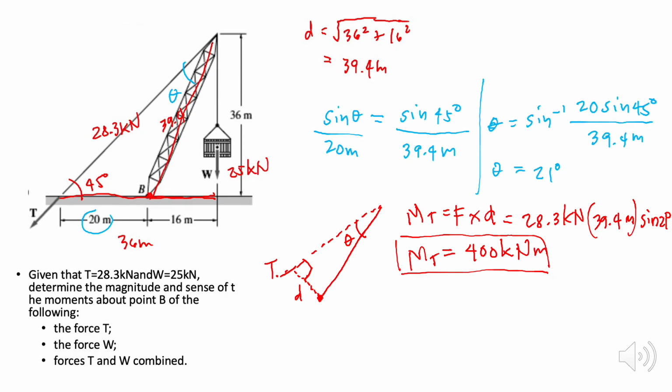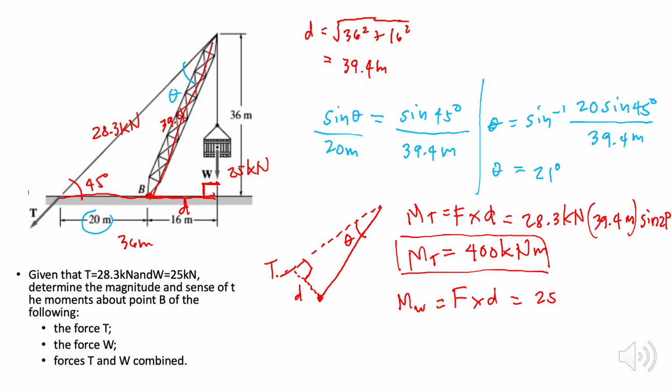Now for MW, again, we can calculate this using F cross D, where D is the perpendicular distance with the line of action of force, which is W. Note that this is RD, and this is also already perpendicular with W. So we can just simply multiply.